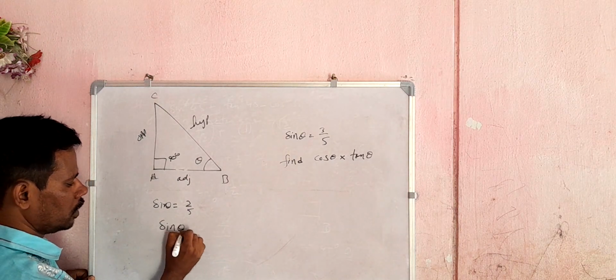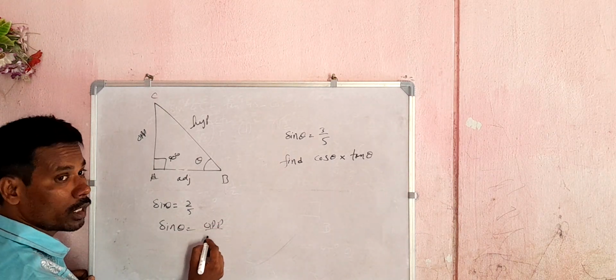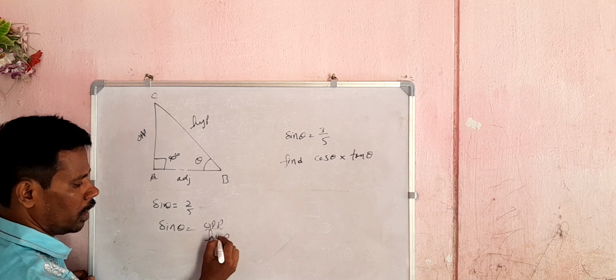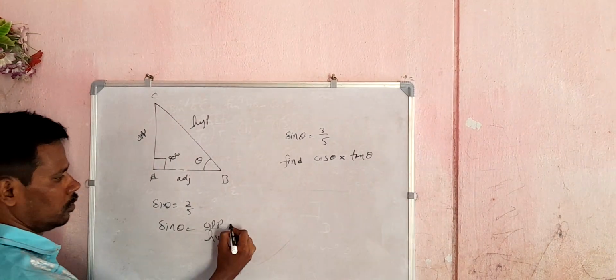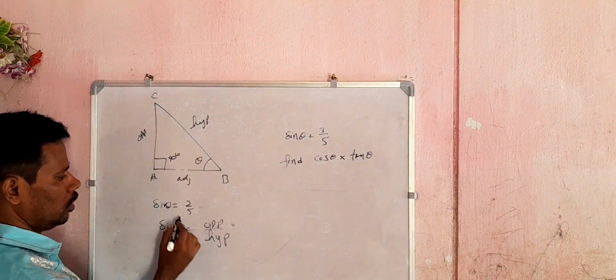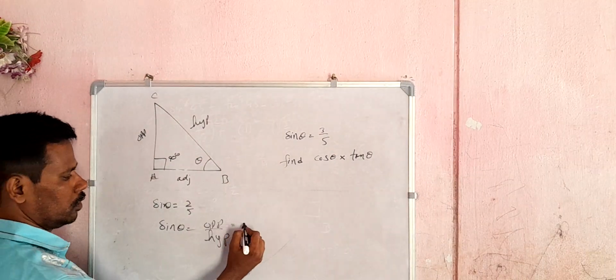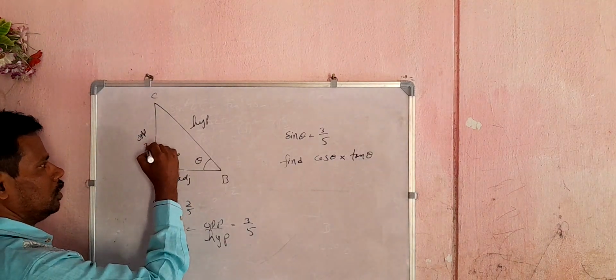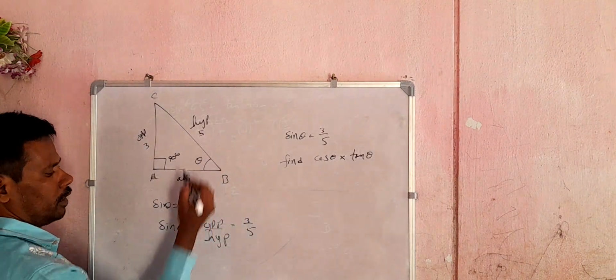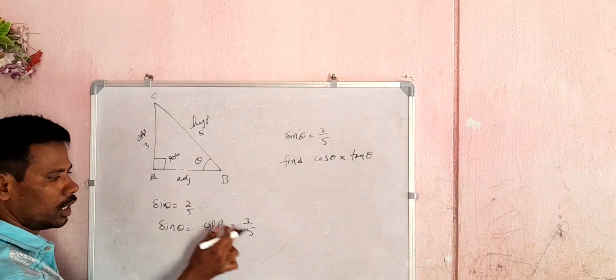Sin theta definition is opposite by hypotenuse. So compare this with this. This is nothing but 3 by 5. So the opposite side is 3 and the hypotenuse is 5.